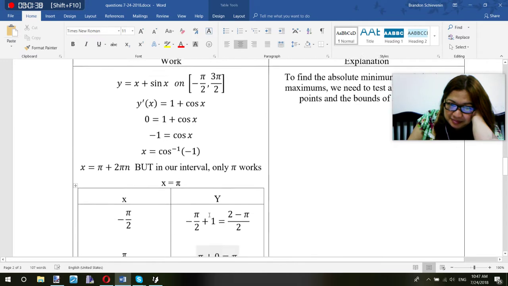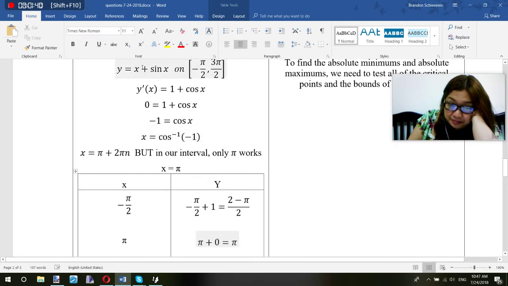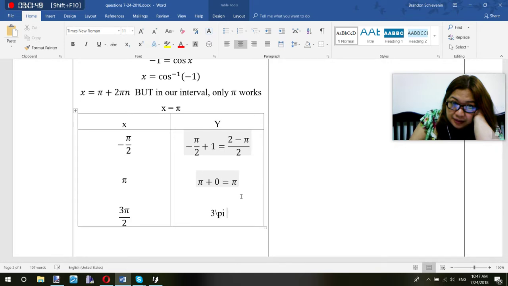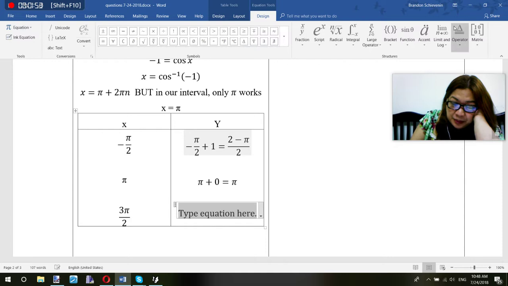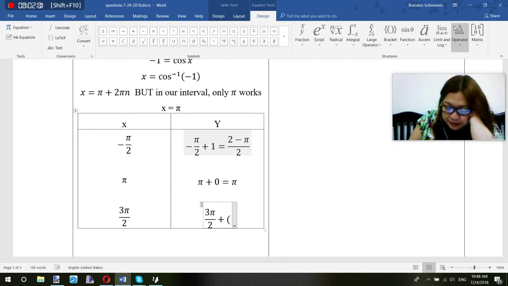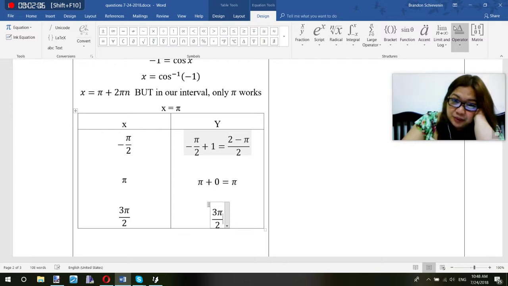If I plug in 3 pi halves into my original function, what will happen? So 3 pi halves plus the sine at 3 pi halves. 3 pi halves plus 1. Okay, the sine at 3 pi halves? Negative 1.